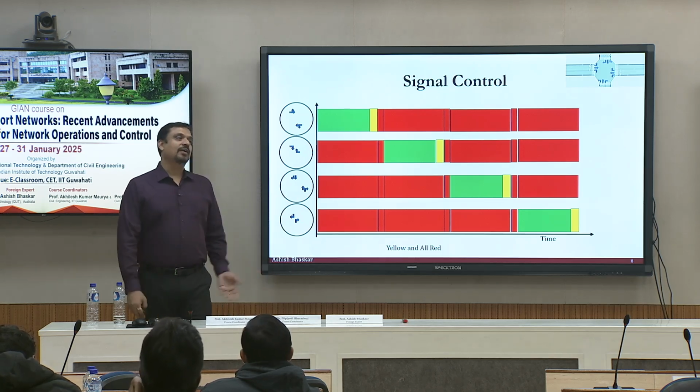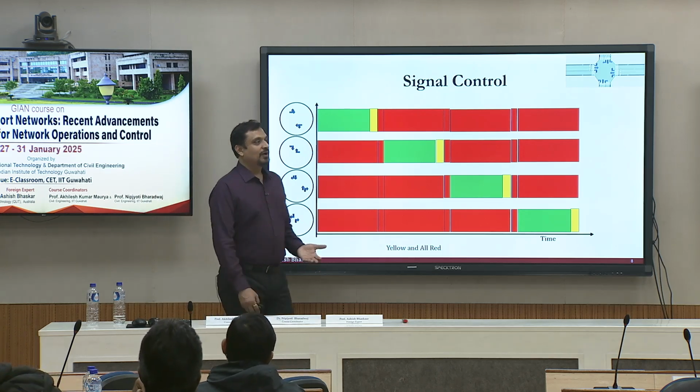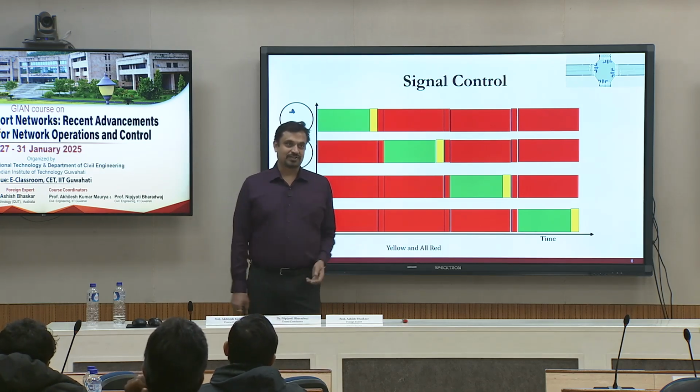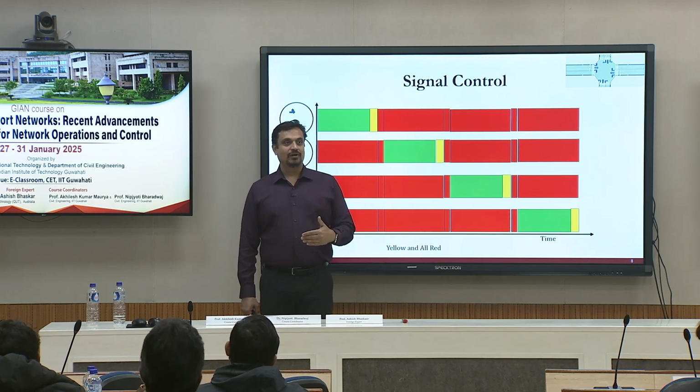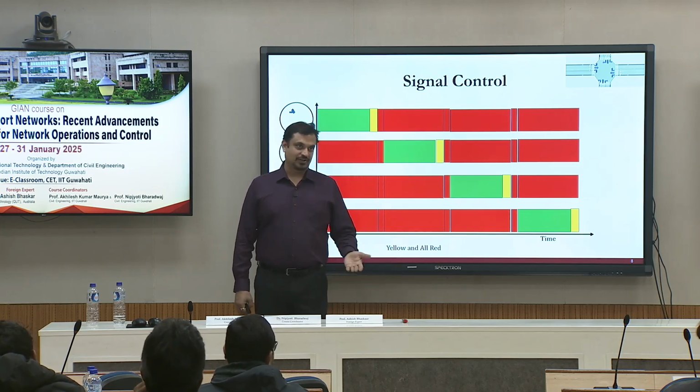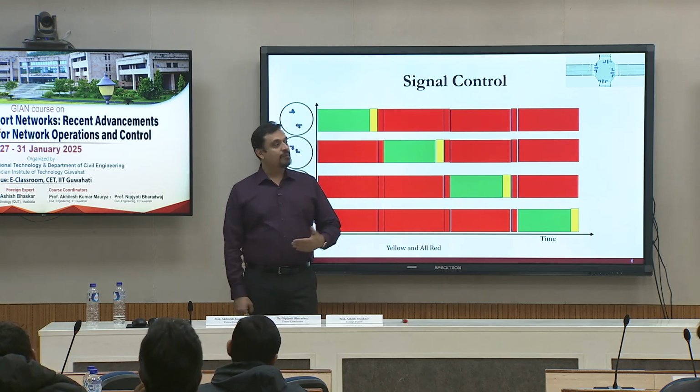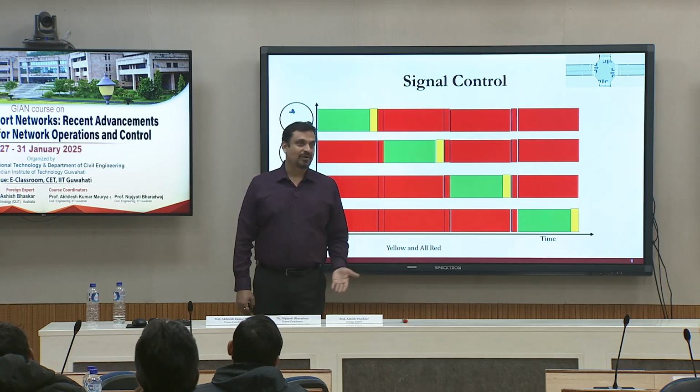So basically, when you are driving and you see a yellow, depending on how far you are from the intersection, either you will be able to clear the intersection, or you will not be able to clear it. Or you will be able to stop, or you will not be able to stop, depending on how close you are to the intersection.